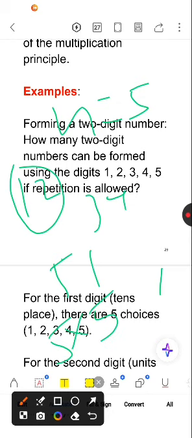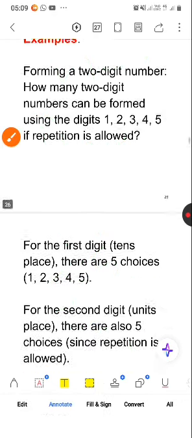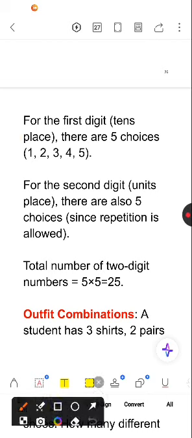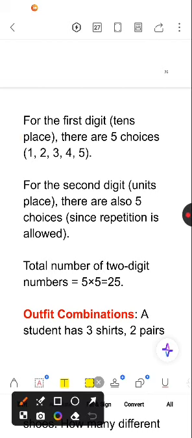So when repetition is allowed, this is how you go about it. The total number of 2-digit numbers that can be formed is just 5 times 5, since one number follows the other. They are not connected by a conjunction like "and"; they are connected using the multiplication sign because one follows the other, they are in sequence.